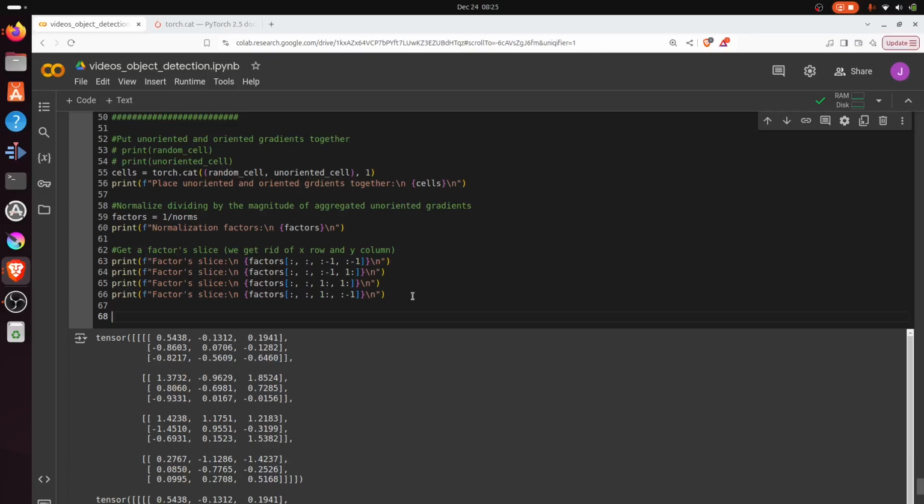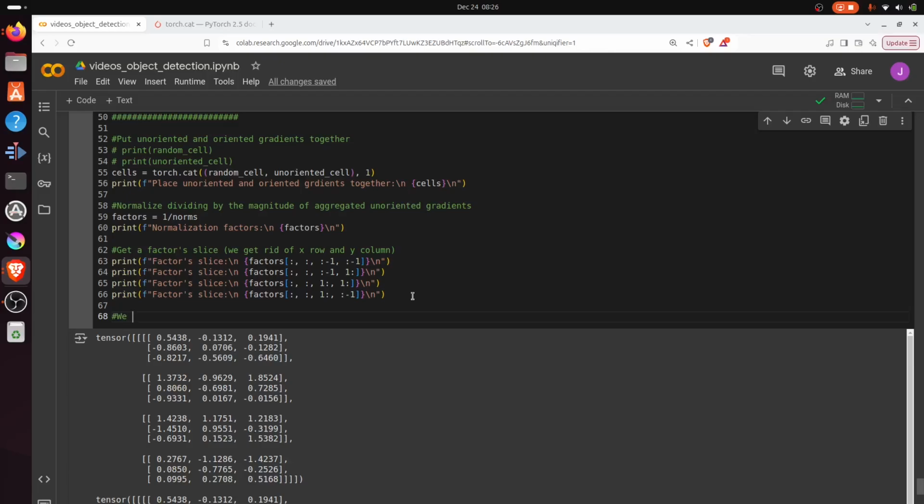Okay, so let's proceed. We're assuming that each cell is contributing equally. So basically we're assuming that each collection of gradient magnitudes is contributing the same way to the final map or feature map. Let's see it in action.